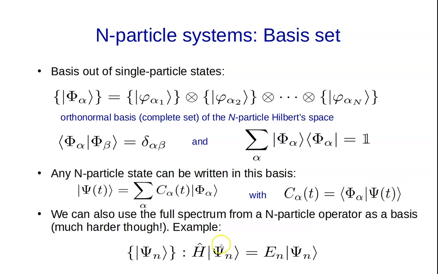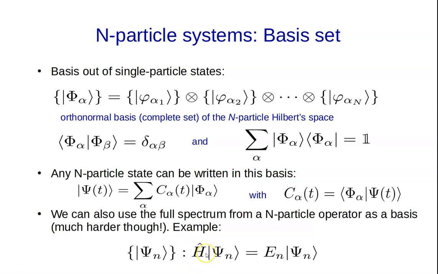Now, we can also use, as before, the full spectrum of an n-particle operator. Say, if you know the full spectrum of an n-particle Hamiltonian, this will also form an n-particle basis. The thing is that this is much harder to do, unless you know beforehand what is the spectrum of this.